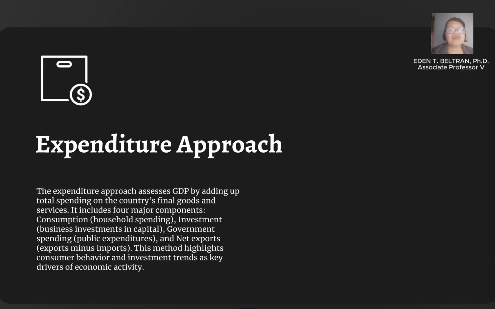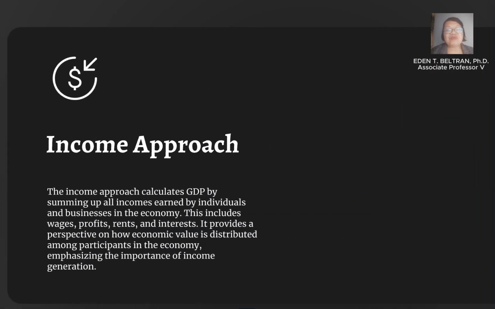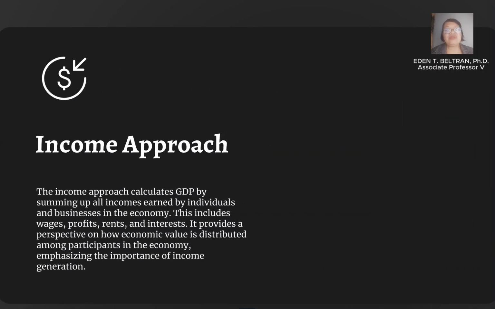So that is what we call net exports. And then the income approach measures the total wages, rent, interest, and profits. So, in practice, public administrators usually encounter GDP via growth rates, not raw numbers, percentages.